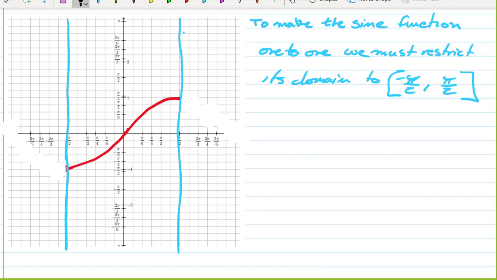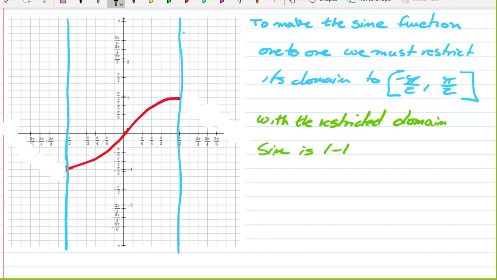So with the restricted domain, sine is 1 to 1 and has an inverse.